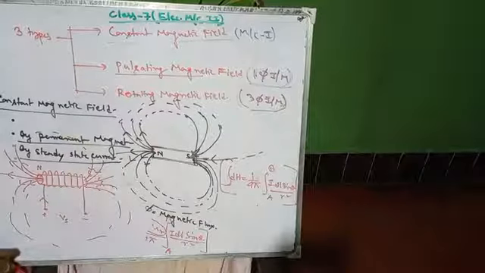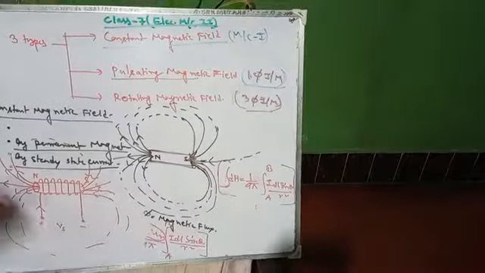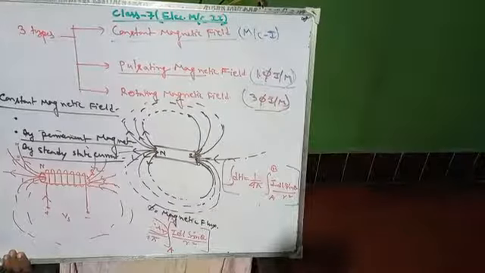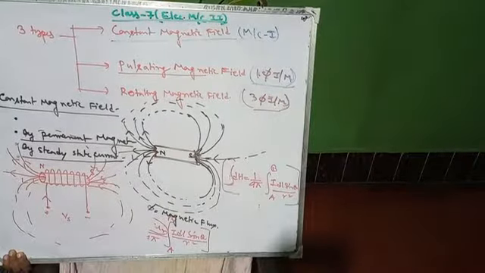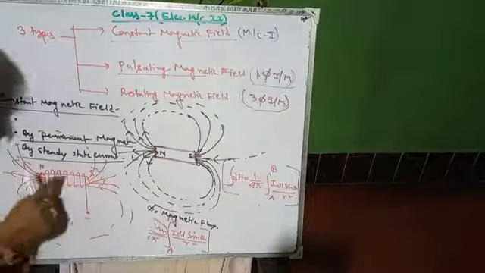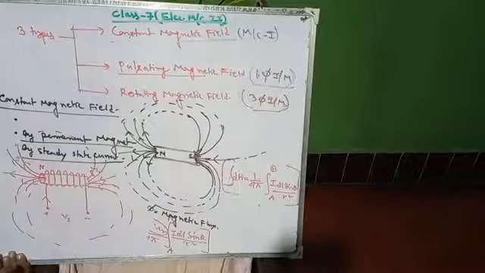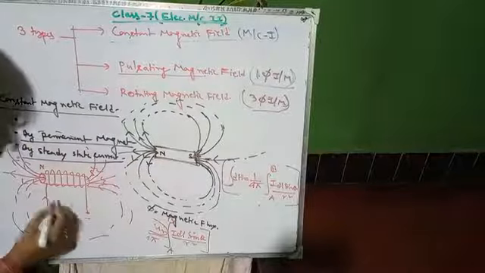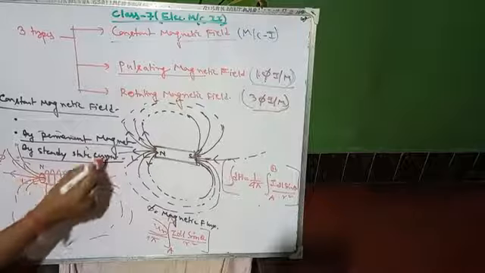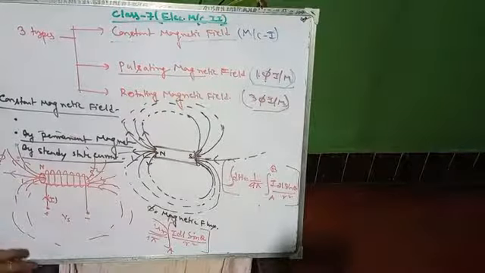So for solenoid, write that a constant magnetic field is also developed by a steady state current flowing through the conductor installed over it. When this current I is constant, the flux emitted from the north pole and absorbed by the south pole will be uniform, that is a constant magnetic field.